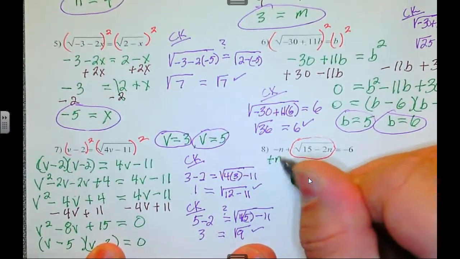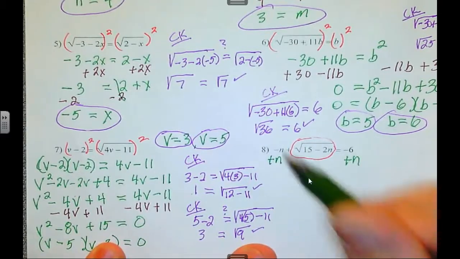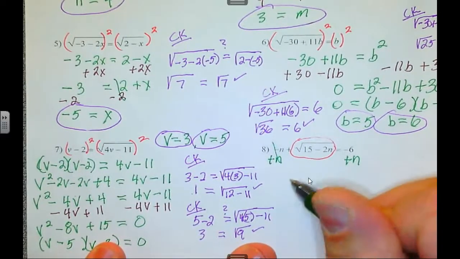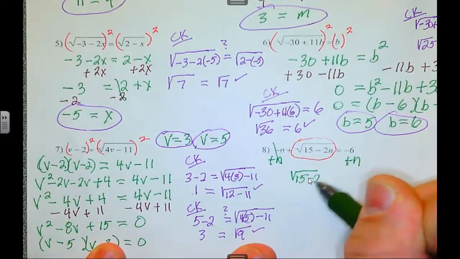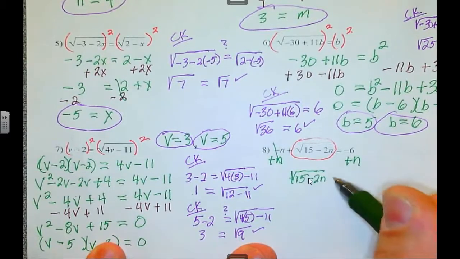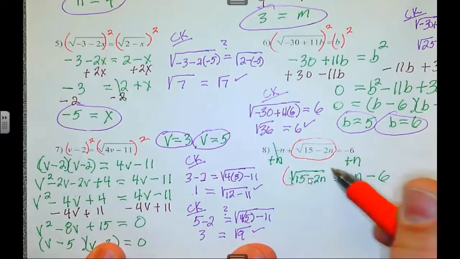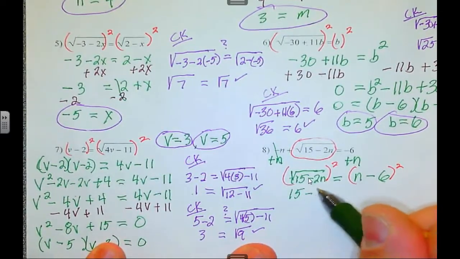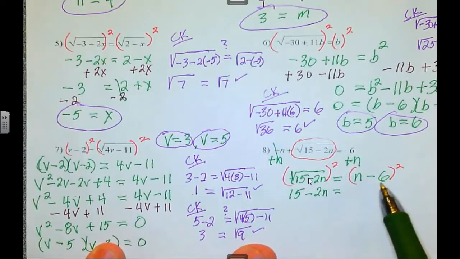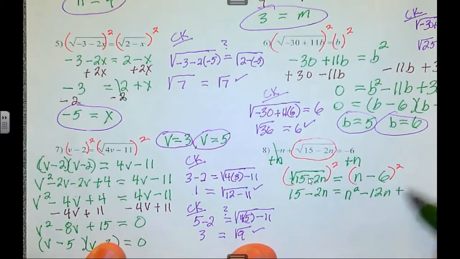Let's see. Plus n. So I get the square root of 15 minus 2n equals n minus 6. Square both sides. So I get 15 minus 2n equals, and you have to FOIL that, n squared minus 12n plus 36.